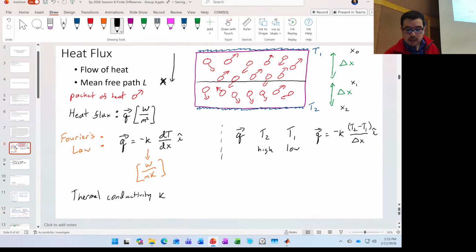Take this with a grain of salt, but the q at x1 is going to be equal to T2 at x2 minus T0 at x0, over 2 delta x.